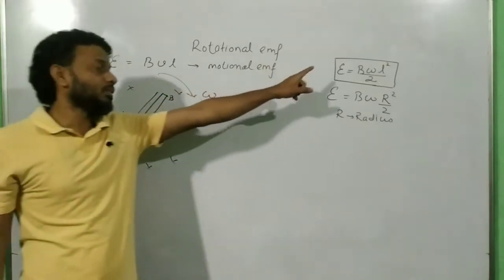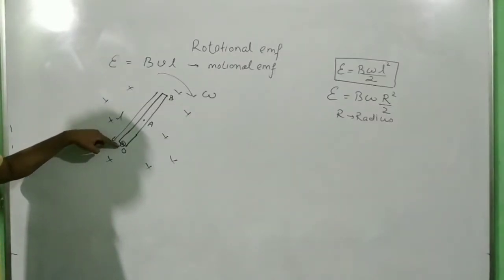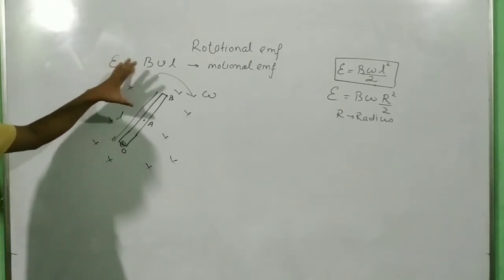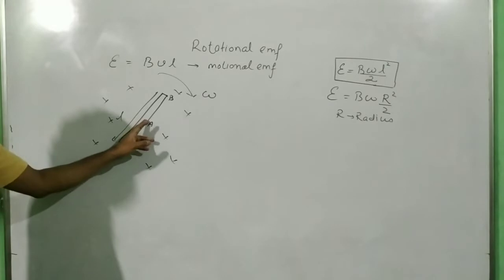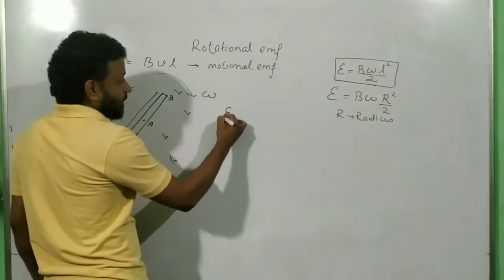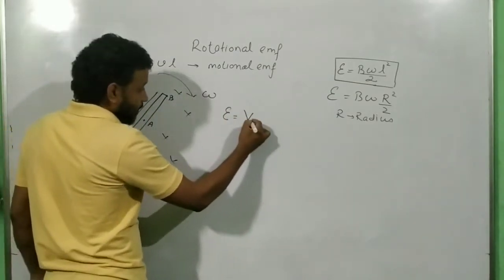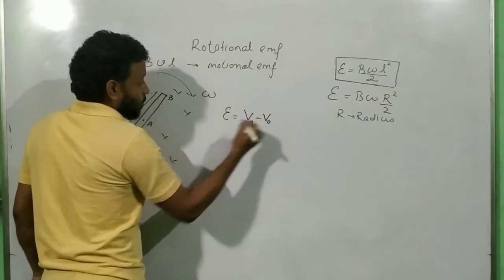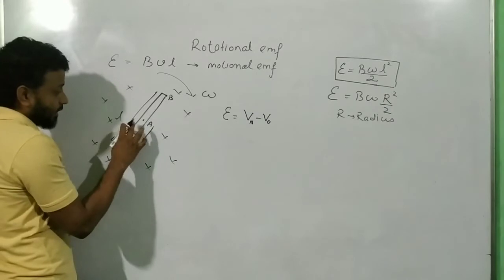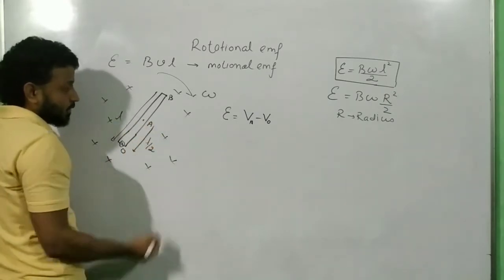And when we derive that formula, we derive it with respect to one point at 0, integrating till the distance of L. So suppose I ask you what is the potential difference between A and B. Here you first have to find the induced EMF, that is the potential difference between O and A, VA minus VO. Now, what is the length? The radius of rotation here is L by 2.